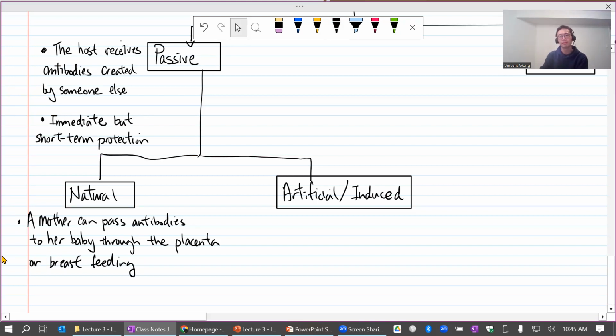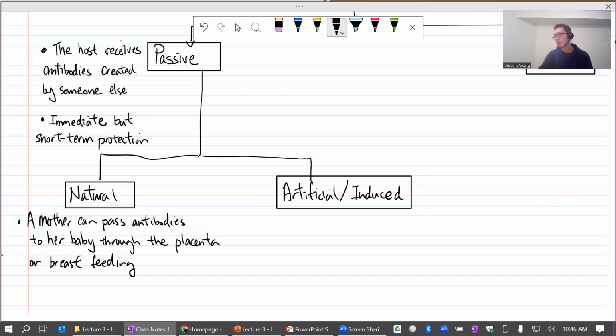But you cannot control what antibody to pass on, so sometimes you might pass on certain ones and not the others. It seems like a random process. So that's an example of natural passive. There is nothing unnatural about breastfeeding or transfer through the placenta. That's just what it is.